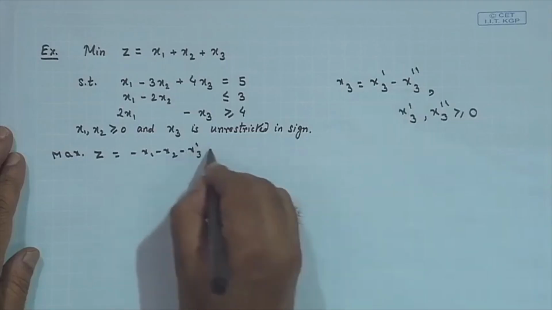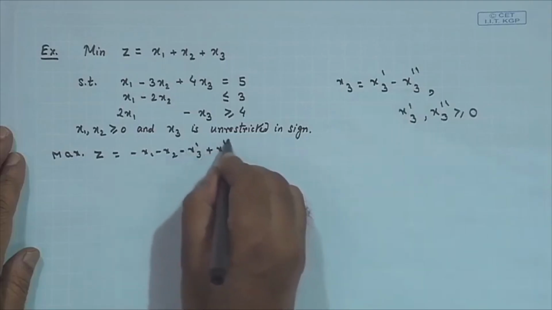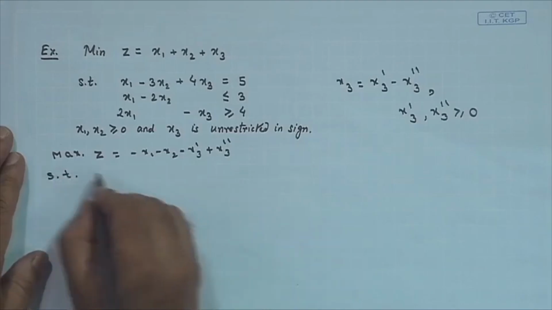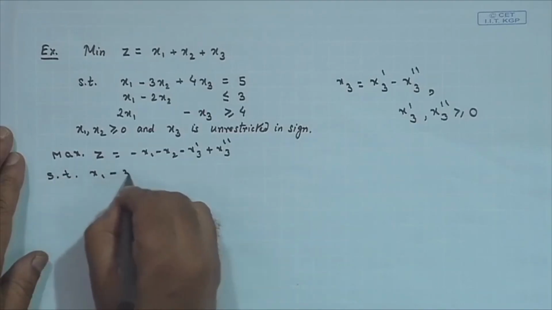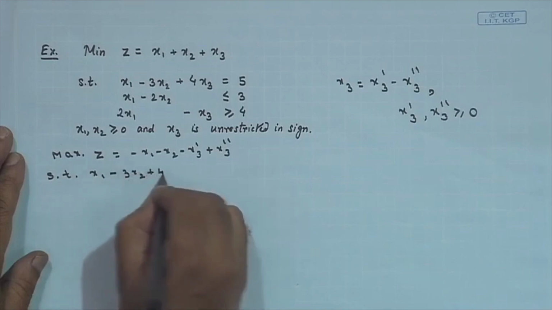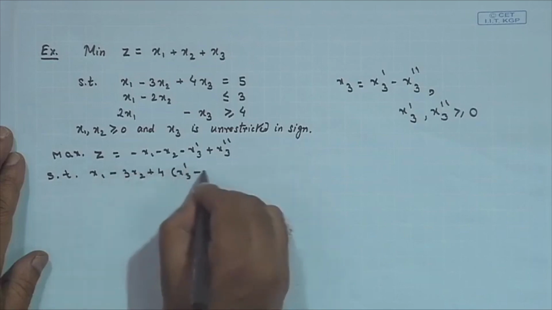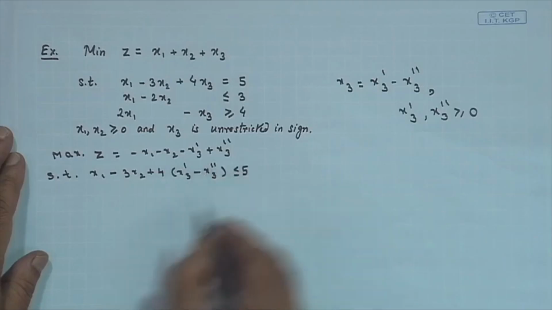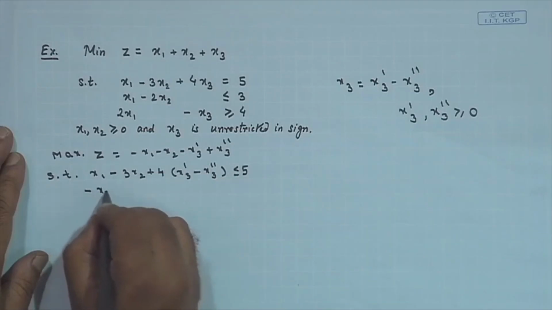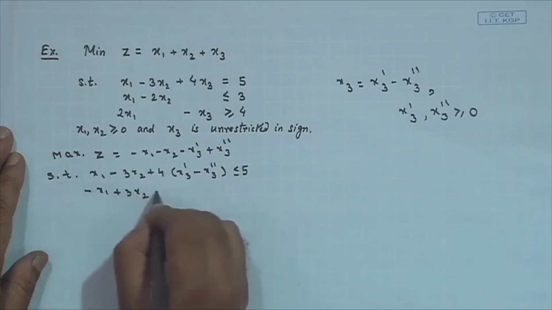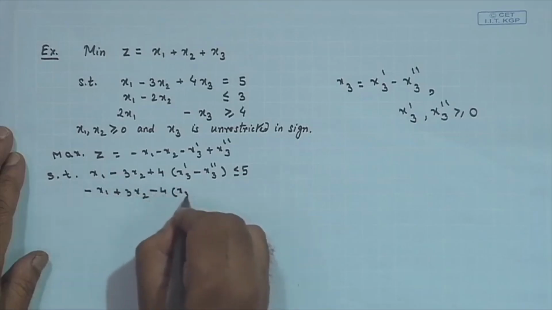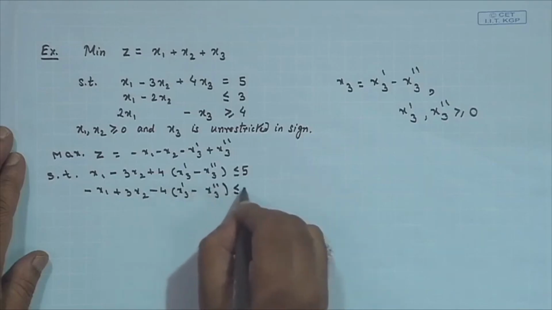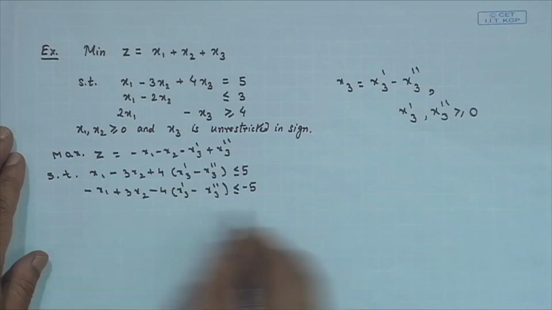So it will be minus x3 dash plus x3 double dash, subject to x1 minus 3x2 plus 4 into x3 dash minus x3 double dash less than or equal to 5, then minus x1 plus 3x2 minus 4 into x3 dash minus x3 double dash, which is less than or equal to minus 5.